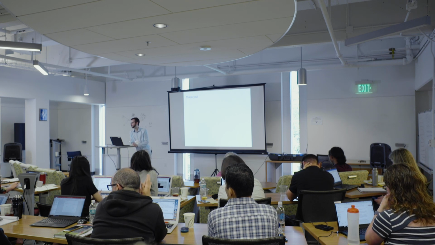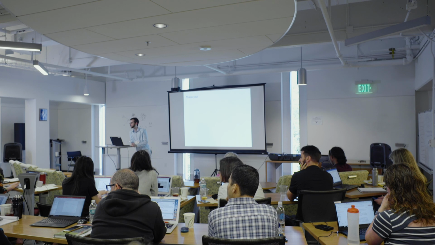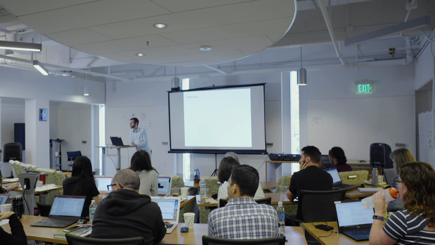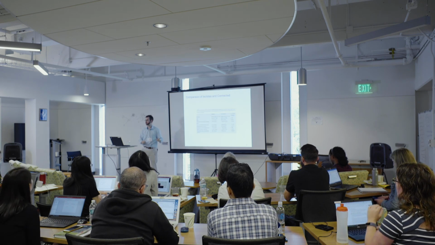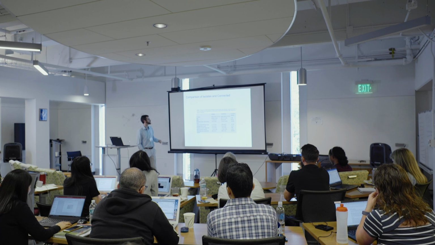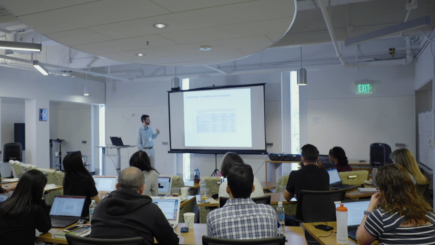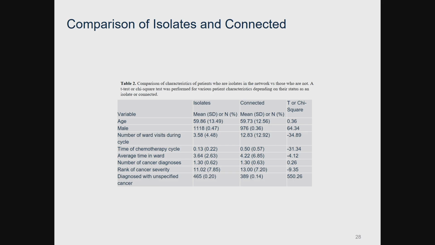I know this is your definition, but are there any other demographic differences between patients who are isolated versus not? Actually, the patient populations were fairly similar. They have similar ages, but actually not similar genders. There were more male isolates than female isolates.